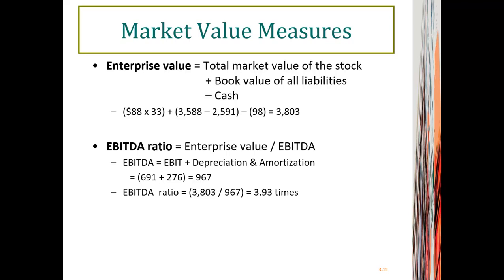The reason why we exclude cash is that we are calculating the net debt taken by the company, and in this case, the enterprise value for the company is about 3.8 billion US dollars. So this number tells the total market valuation for equity and debt of the company.